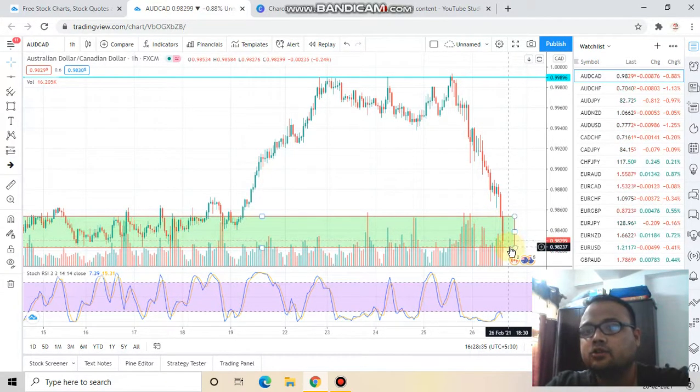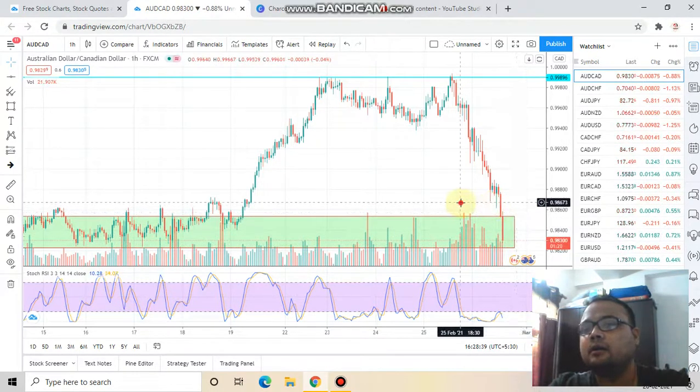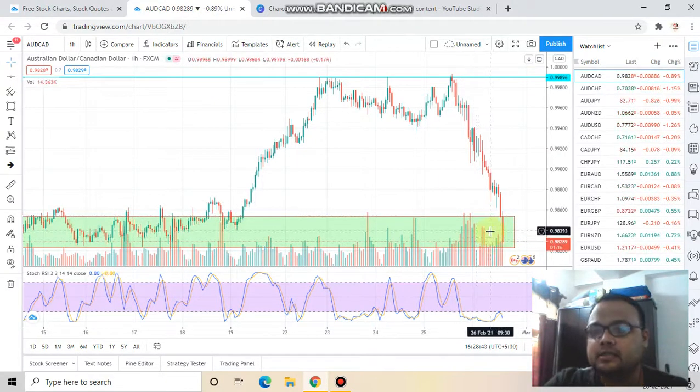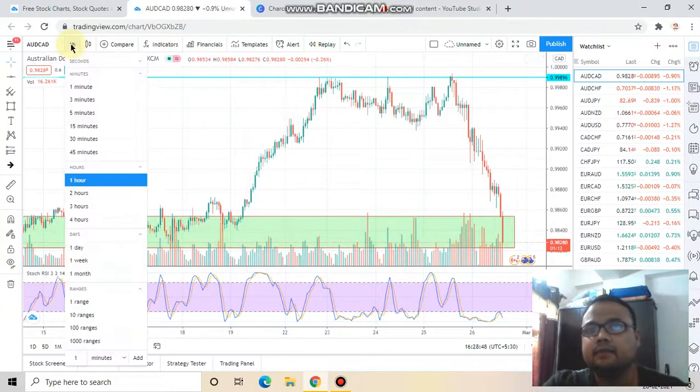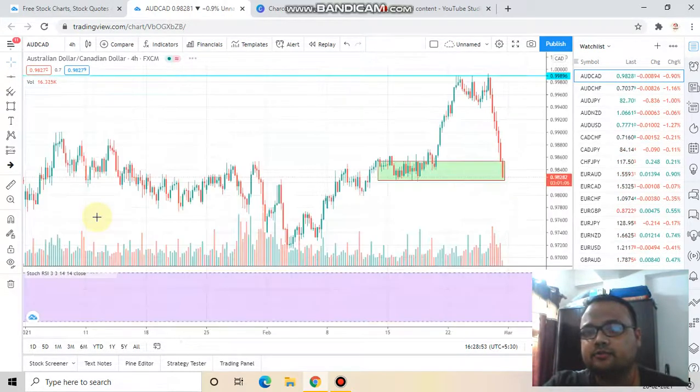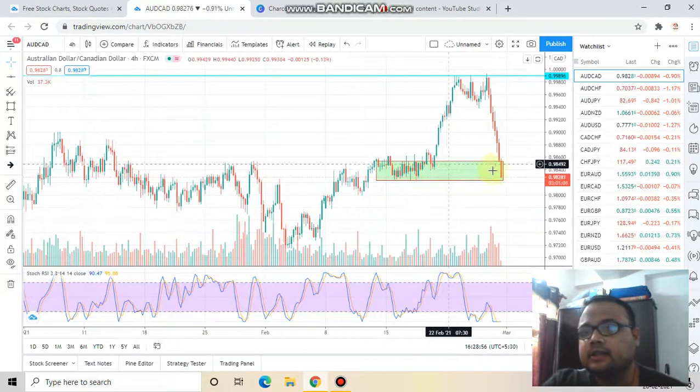So we just need to know whether the market reverses from here, or the selling pressure becomes imminent and the market breaks this support. In case the market breaks the support, then I'll say that you don't need to trade, because today is Friday, and already there's too much selling pressure on the market.